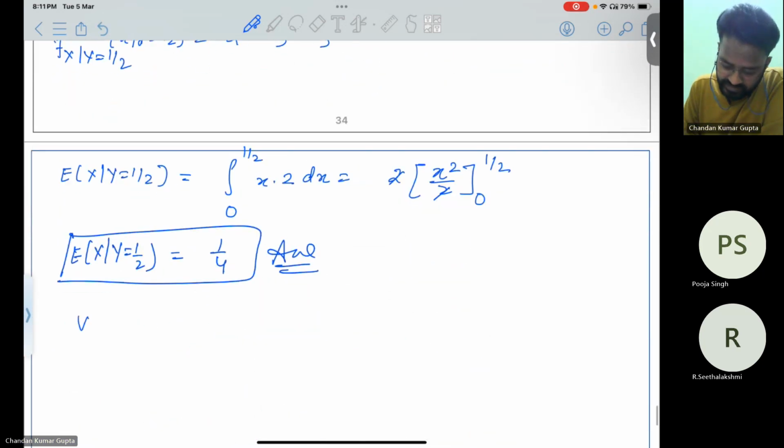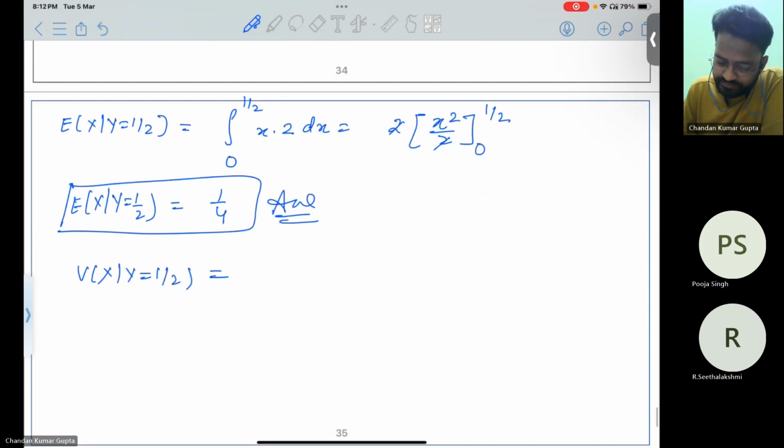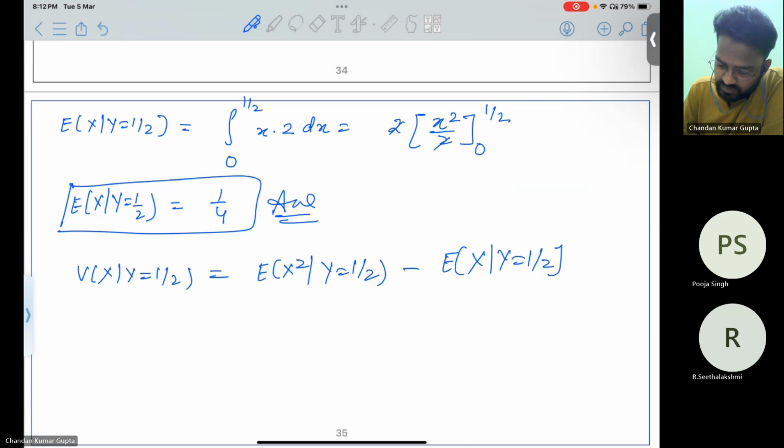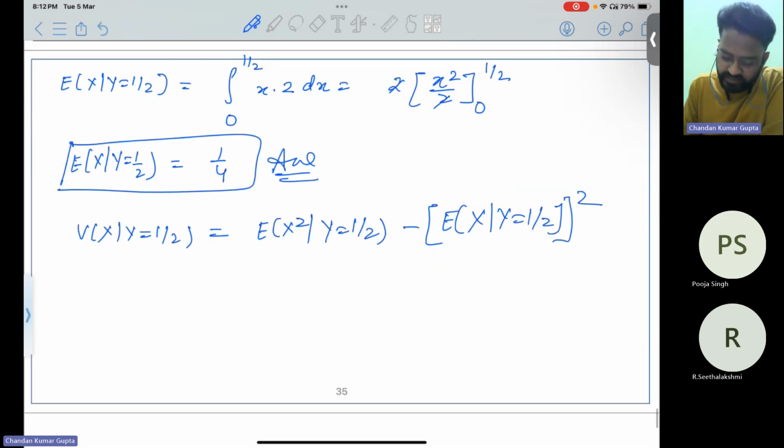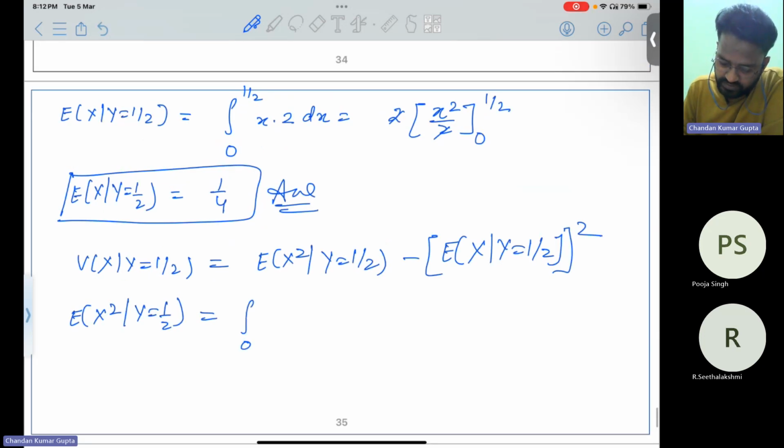Also the variance. For variance, we first need to calculate the expected value of x square given y equal to half, minus the expected value of x given y equal to half, whole square. The expected value of x square given y equal to half is the integral from 0 to half of x square into 2 dx, which is 2 x cubed by 3 from 0 to half.